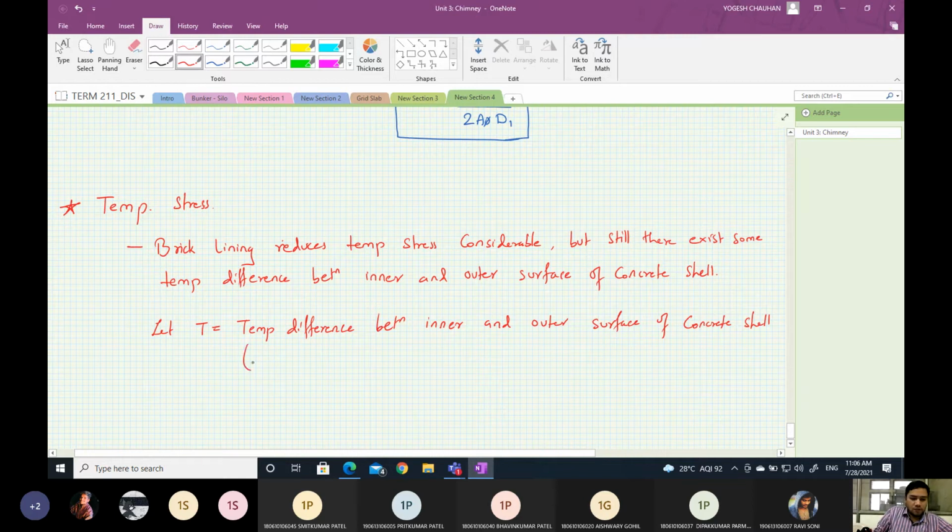This is linear variation. We again assume that there is a temperature difference between inner and outer surface of the concrete core, and it varies linearly across the wall.